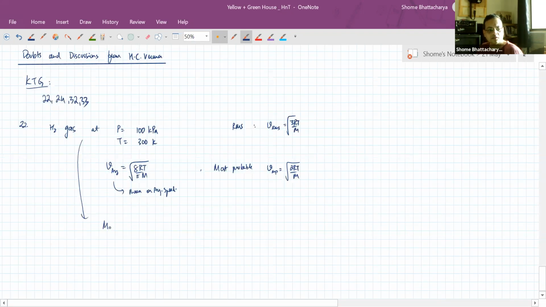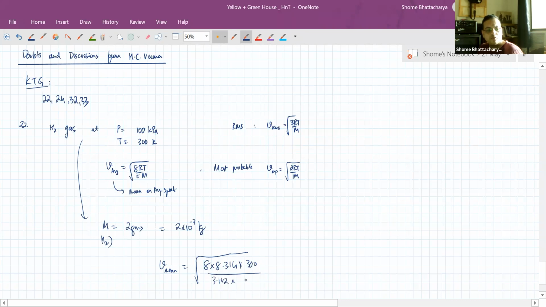So hydrogen gas, mean or average speed, will be root of 8 into 8.314 into temperature, which is 300 Kelvin, divided by 3.142 into 2 into 10 raised power minus 3.